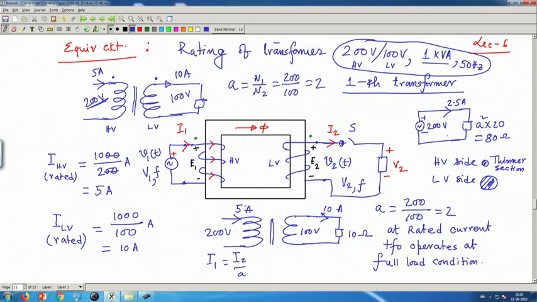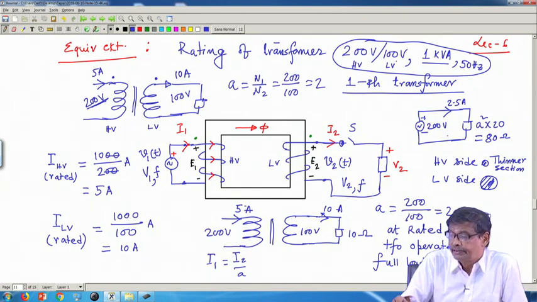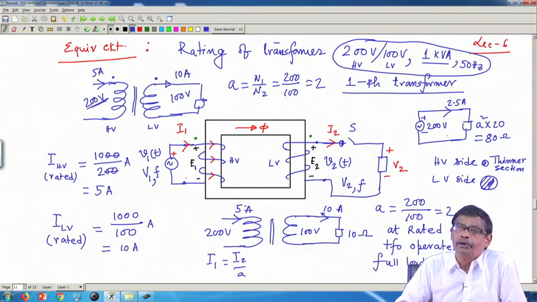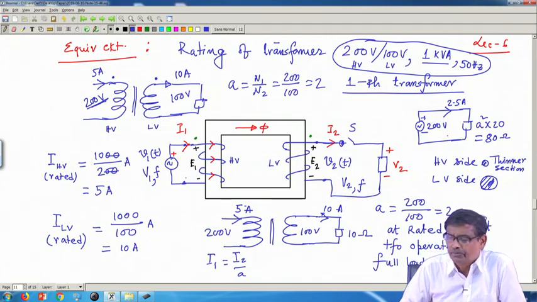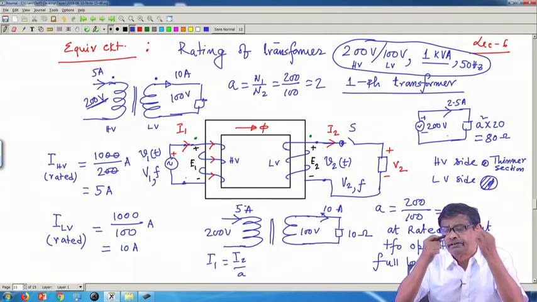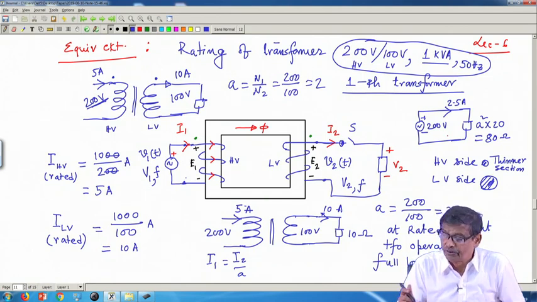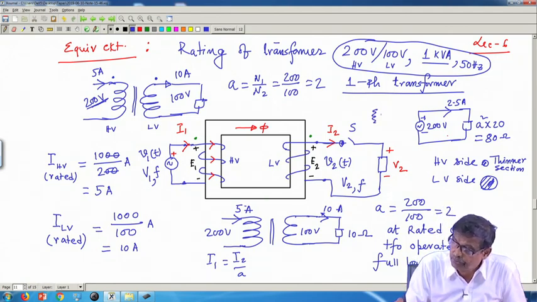Of course, the voltage ratings I have just taken so that calculations become easier, 200 volt stroke 100 volt, but in practice voltage ratings could be one side of kilovolts, another side may be 220 volt or 440 volt. Okay. So, current ratings decides the cross sectional area of the wires, and voltage ratings is going to decide the insulation level. You must have seen transformer from where terminals are coming out with sort of insulations, bushings they call it.